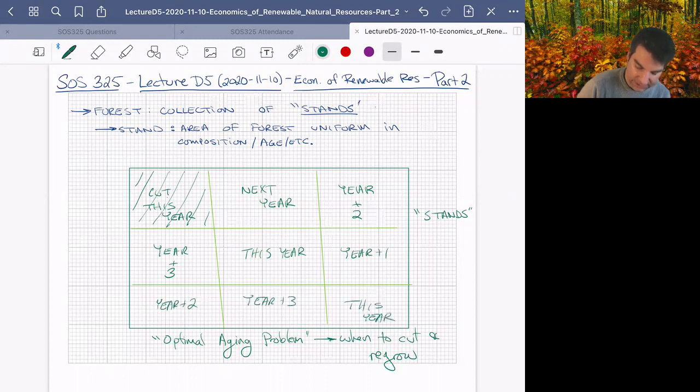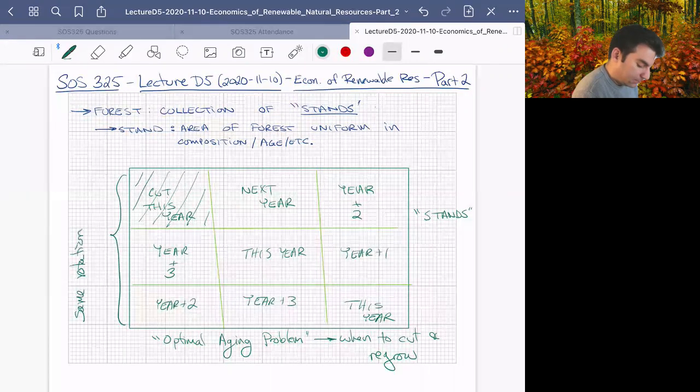And so you can actually have the same rotation lengths but offset cut times.